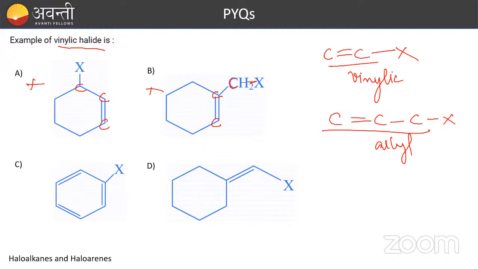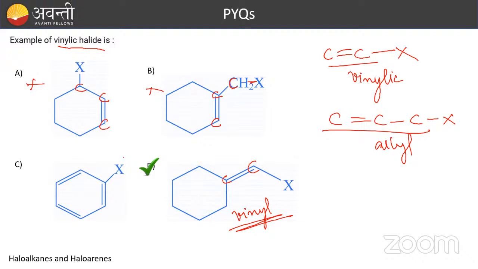And when you come to option D, we have a carbon-carbon double bond, and that is directly attached to the halogen, and inside this ring we don't have any delocalization possible. So this is an example for vinylic halide. So option D is the correct answer.